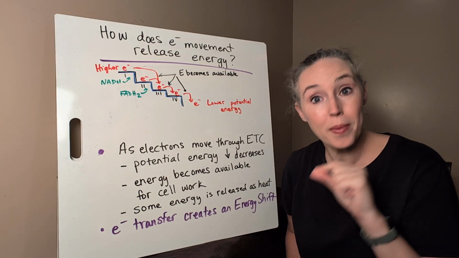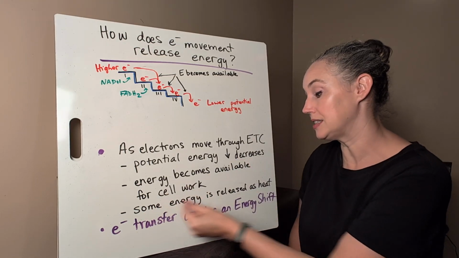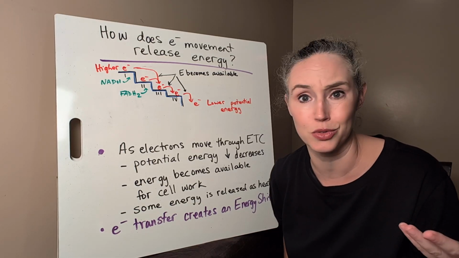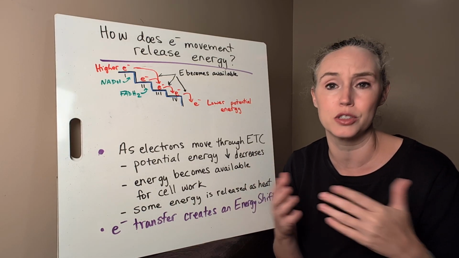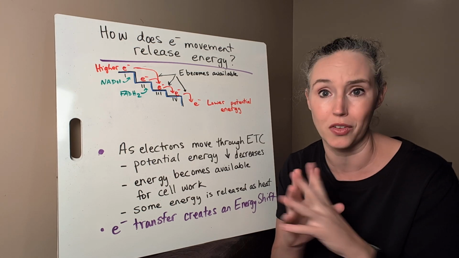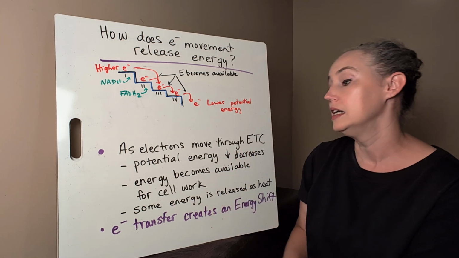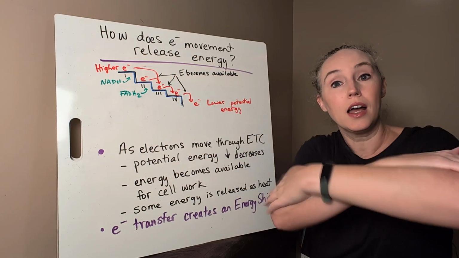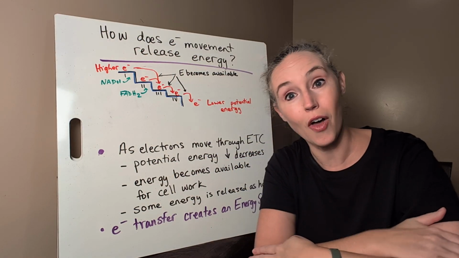Now, some energy is released as heat because our metabolic systems are not 100% efficient, not remotely. They're about 10% efficient. So some energy is released as heat, and you can feel that on yourself.